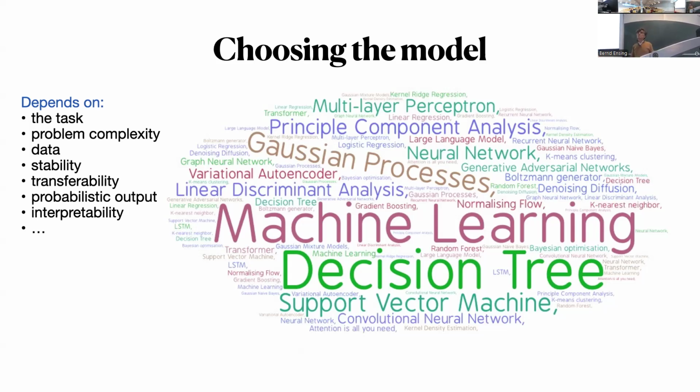Different models may be easier or more difficult to train, right? So the model may not be so stable, or difficult to converge, which, if you're not an expert, may lead you to choose another model. Some models create more transferable answers than others. Some models give you probabilistic outputs, which may be very nice, right?